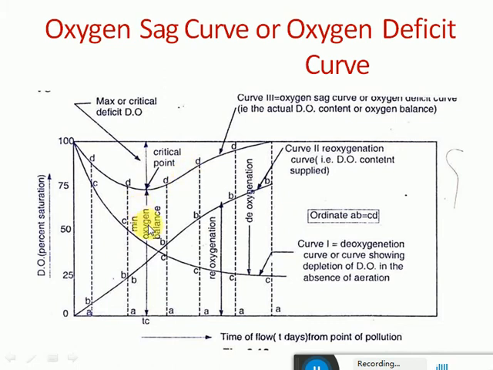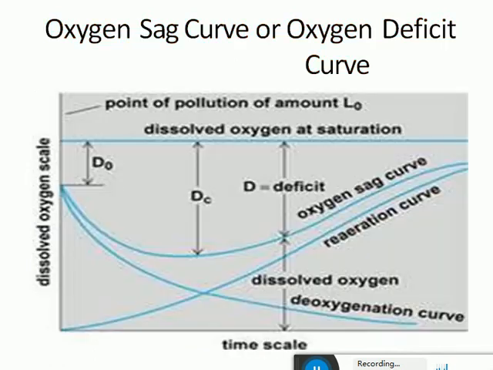Sometimes you will be asked to explain the self purification phenomenon with an oxygen sag curve. Then you have to explain by drawing this diagram showing the critical point and the different curves like deoxygenation and reoxygenation. This curve shows the deoxygenation and reoxygenation process and the oxygen deficit at different levels.